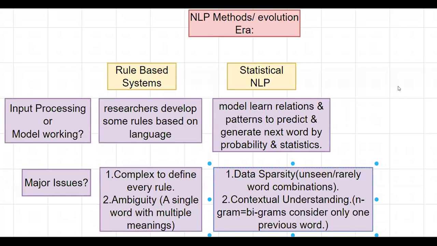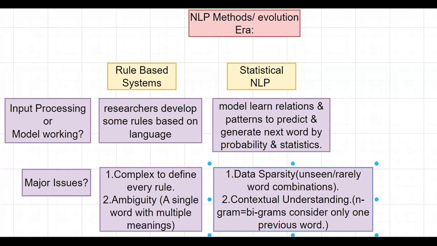For this demo, I have just shown you a sample bigram statistical NLP model so you can understand what statistical NLP models look like. But in real time, if we use such bigram or trigram statistical NLP models, we might face these issues: data sparsity and contextual understanding.